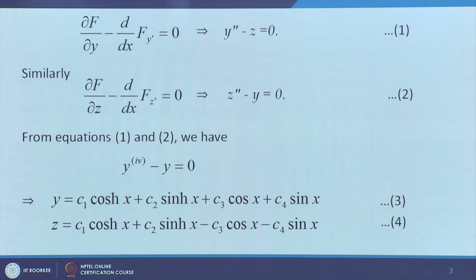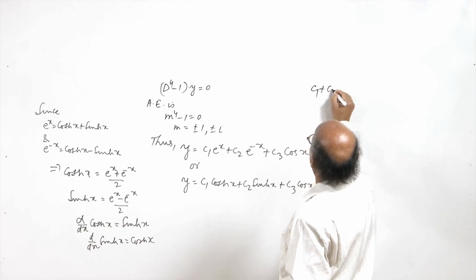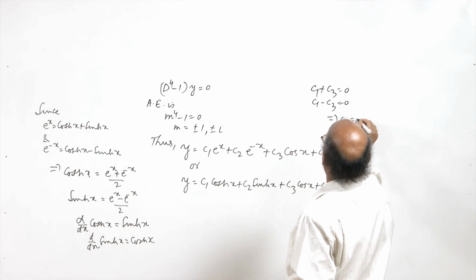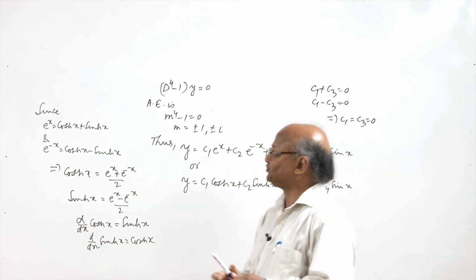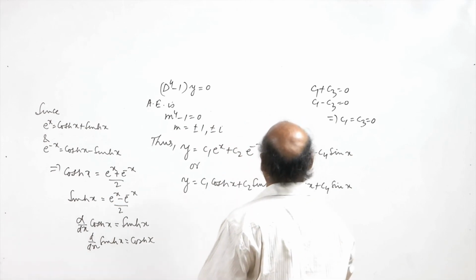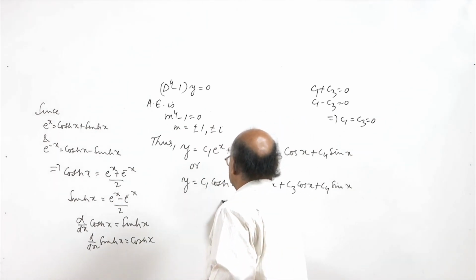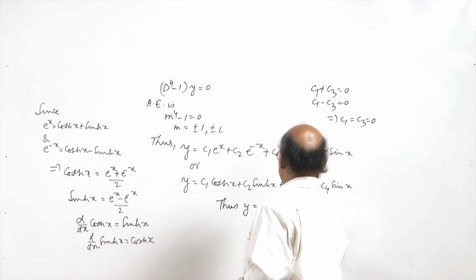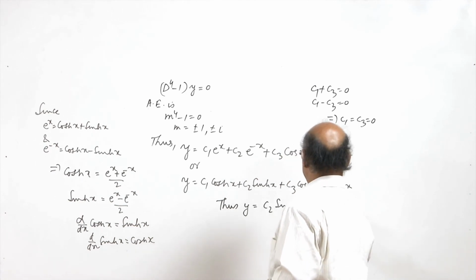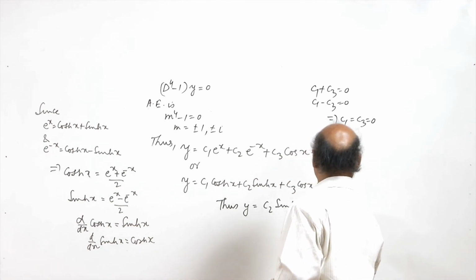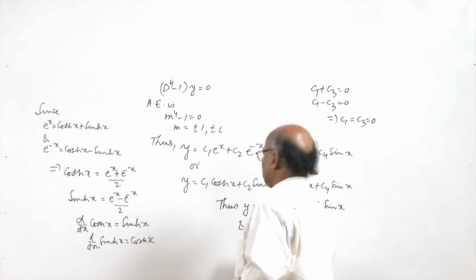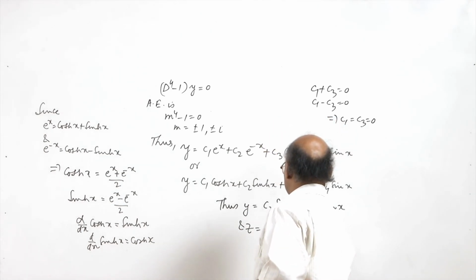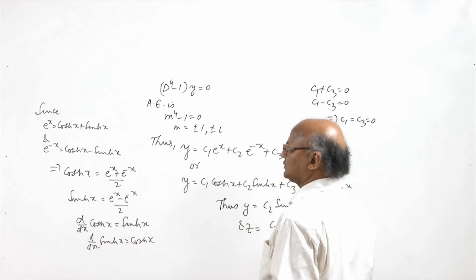So the two equations imply that c1 equal to c3 equal to 0, and then the expressions of y and z reduce to: y becomes c2 sinh x plus c4 sin x, and z is equal to c2 sinh x minus c4 sin x, since c1 and c3 are 0.